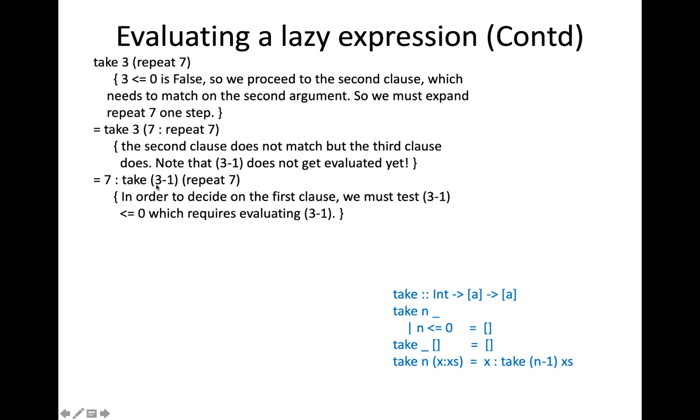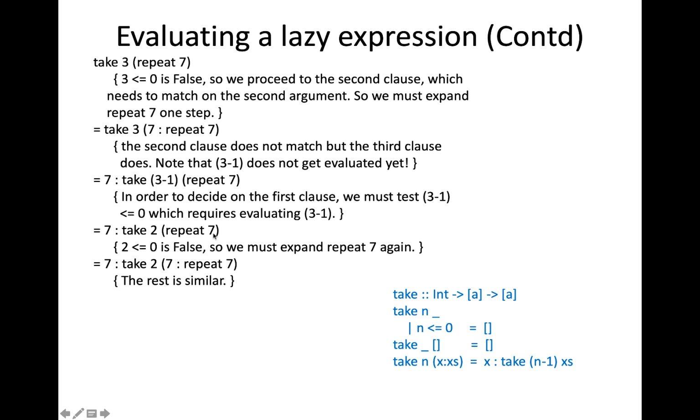So that's why this operation happens and it becomes 2, and we are here, and 2 is not less than or equal to 0. That's why we come here, and that means repeat 7 has to be again expanded, and that happens. And now you see there is a pattern. We have to just repeat that, and that means this 7 comes here, and then this becomes take 2 minus 1 repeat 7, right?